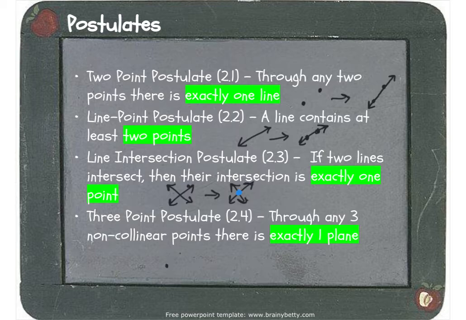So if we had 3 points that are not collinear, okay, they all don't fall in the same line, we can assume that there is a plane, exactly 1, that contains all 3 of those points.